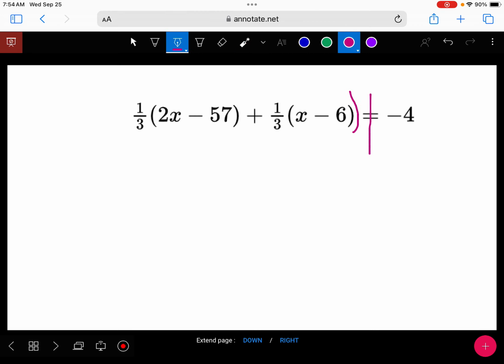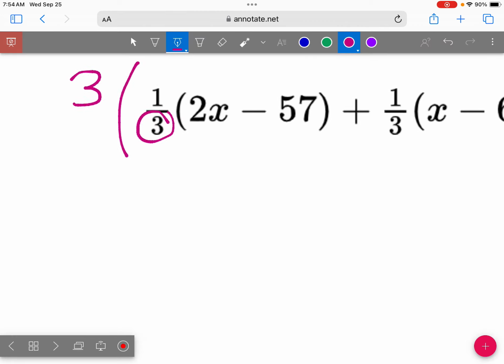So if you think about it this way, I'm multiplying this whole side by 3. And I'm multiplying this side by 3. Since there is a plus in the middle, I'm going to multiply both of these fractions. So I'm going to write this whole thing one more time.